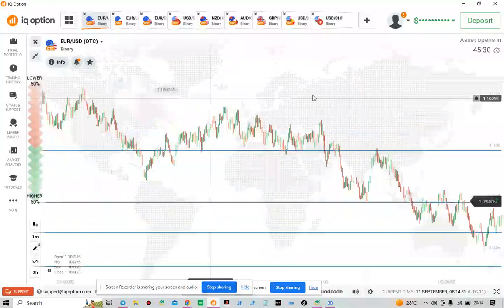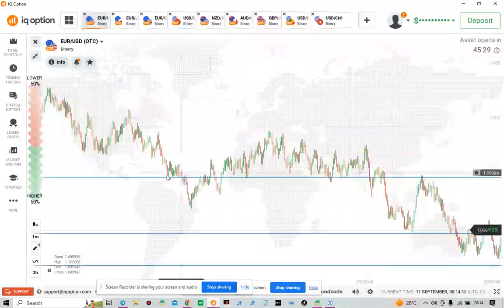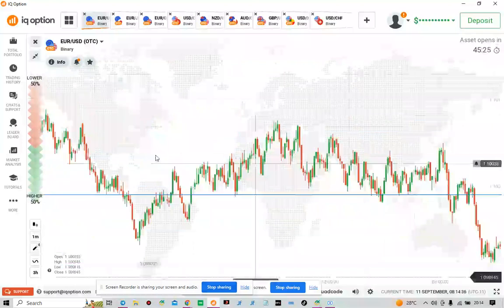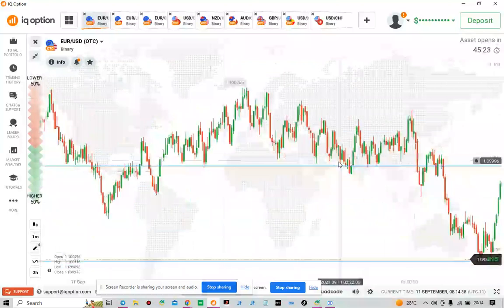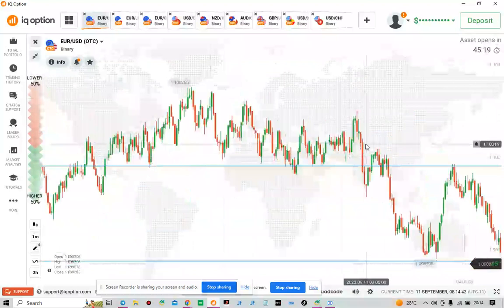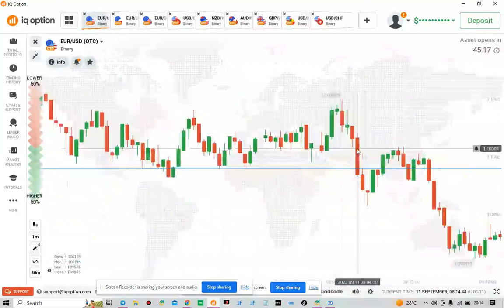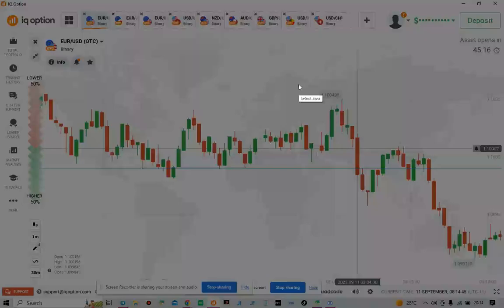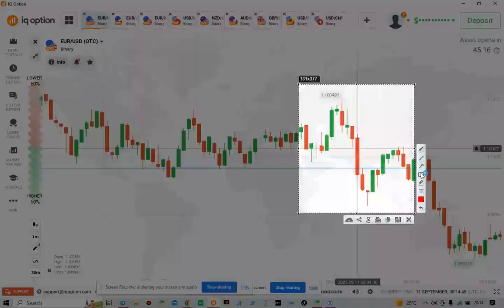If you look again on the left side, it also became a rejection zone here. So that rejection zone has now been violated. You see this last candle that formed here. This is the breakout candle.